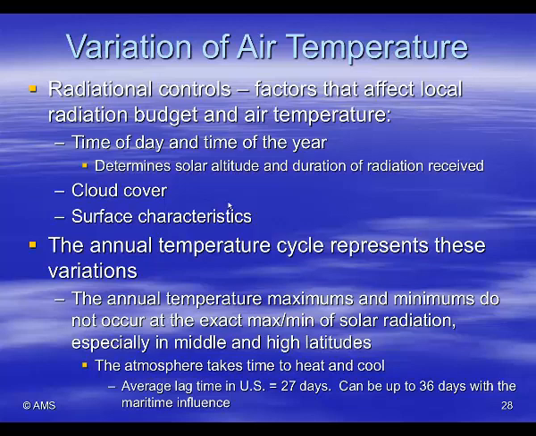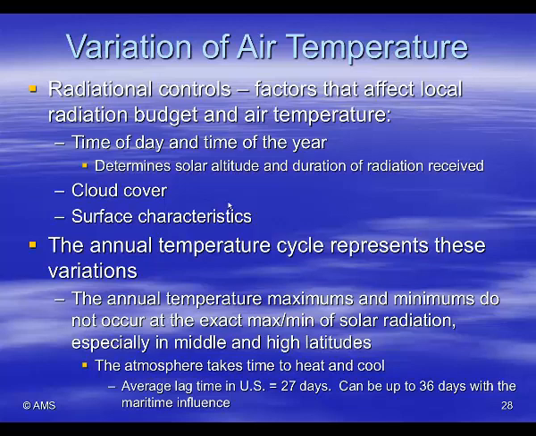The annual temperature cycle represents these variations, and the annual temperature maximums and minimums do not occur at exactly the max and min of the solar radiation, especially in the middle and high latitudes. For example, the sun is most directly overhead at noontime, and yet it isn't noontime that we get the hottest temperatures.